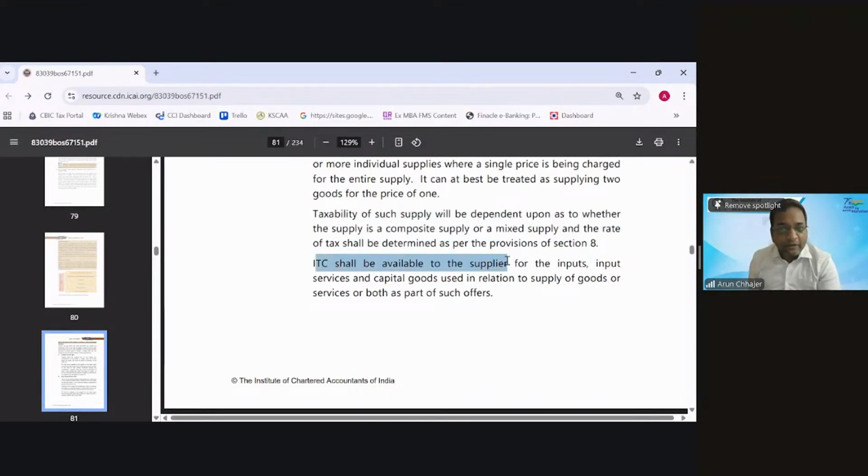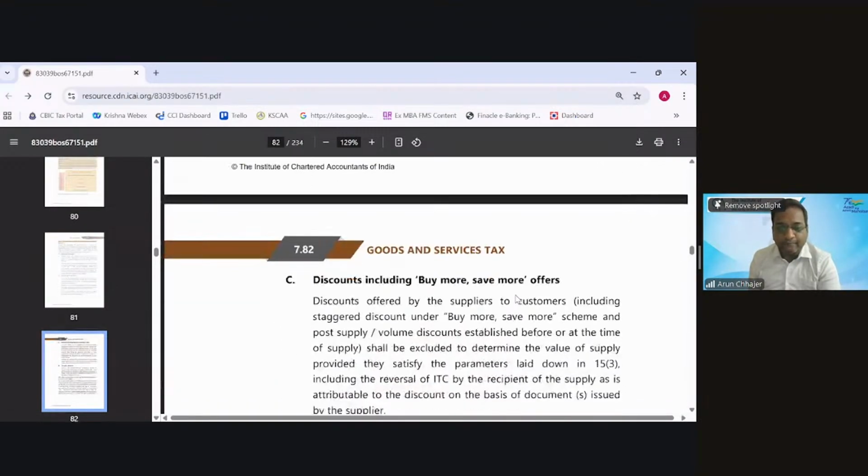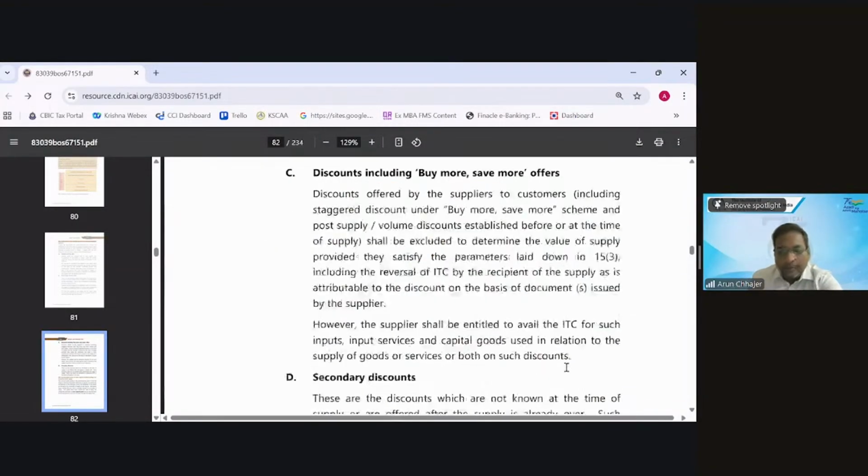ITC shall be available to the supplier for input discount. Buy more, get more, buy more, save more. So discount offered by the supplier to the customer, including staggered discount, means if I purchase goods worth rupees 1000, then I will get 10% discount. If I purchase goods worth 2000, then I will get 15% discount. Staggered discount is going on in the market, right?